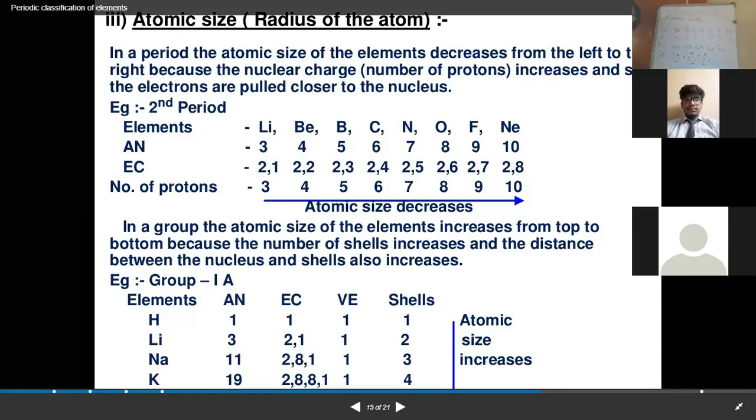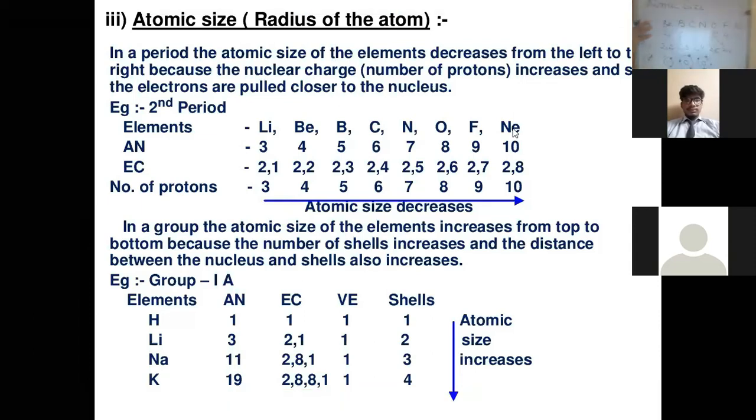I have told you yesterday that if there is the nucleus and there are electrons present in the shells, there exists a force between the nucleus and the electrons which is called nuclear charge or electrostatic force.